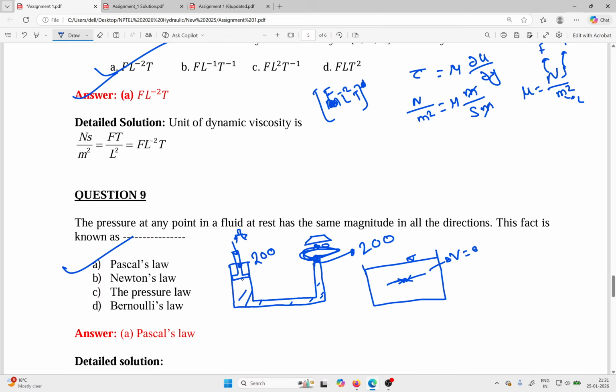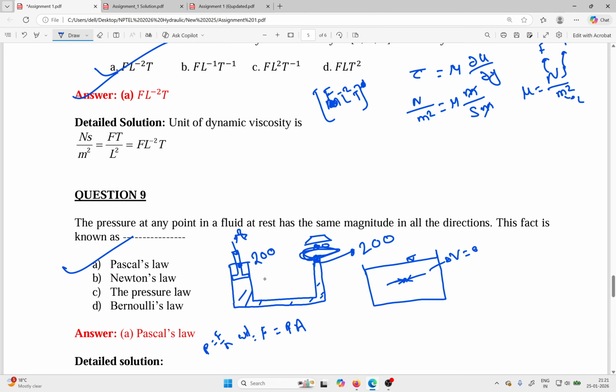So what is force? Pressure is force by area. So force will be the pressure into area. Let us suppose the force, we can say the weight also. So how much weight here?